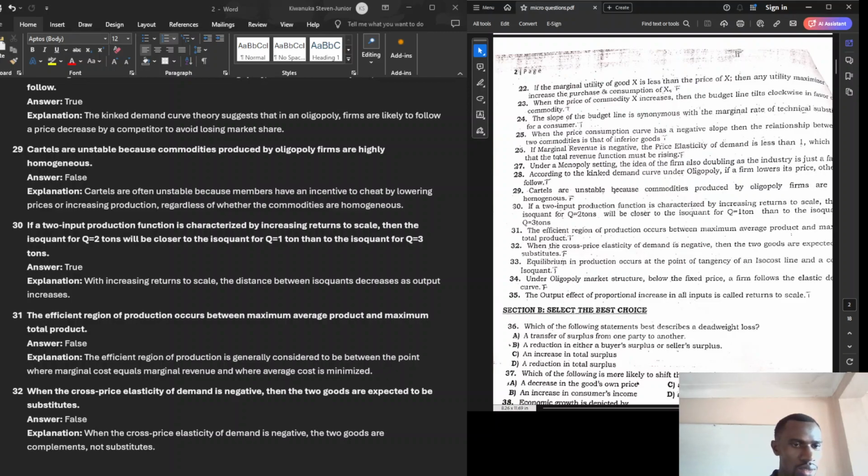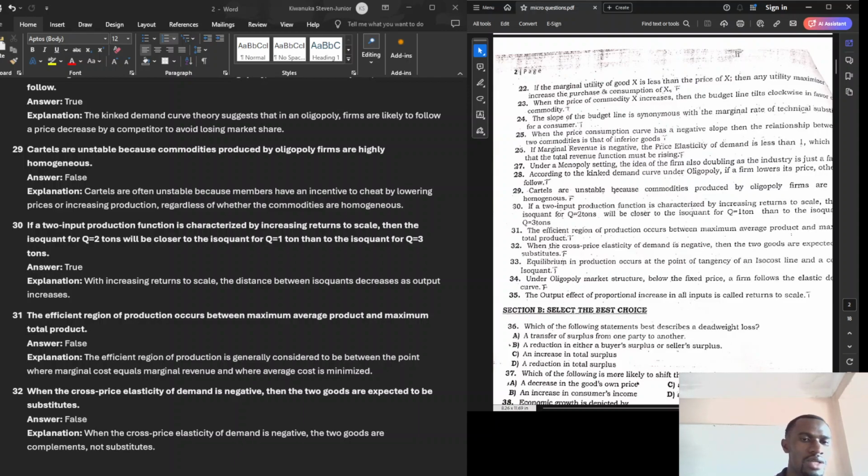Where are we? 31. That one is false. It says the efficient region of production occurs between maximum average product and the maximum total product.